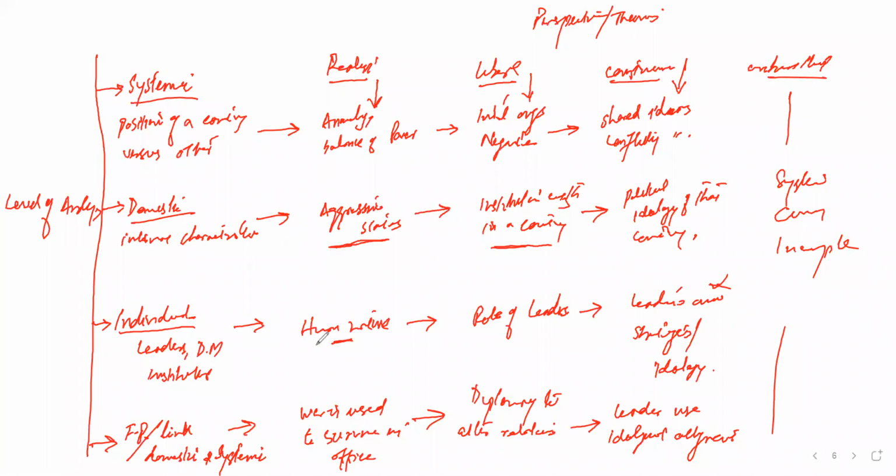First one from the realist perspective. Since they believe that it's human nature at the individual level, we'll start from here and go up. They see human nature as the reason.